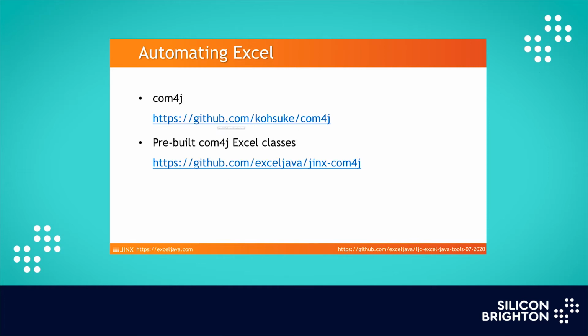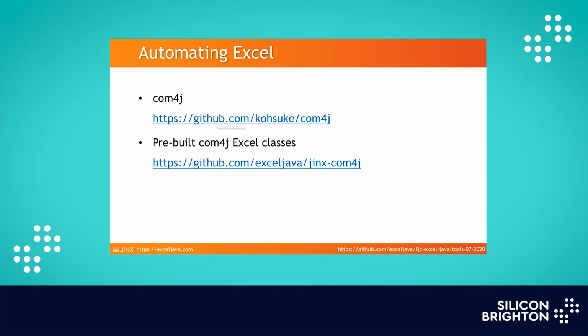In order to use the COM interface from Java, we need a Java package to do that. The one that I found works most nicely is com4j. It's a pretty good package, but one of the complexities is that you have to build some wrapper classes for the type library that you're using.